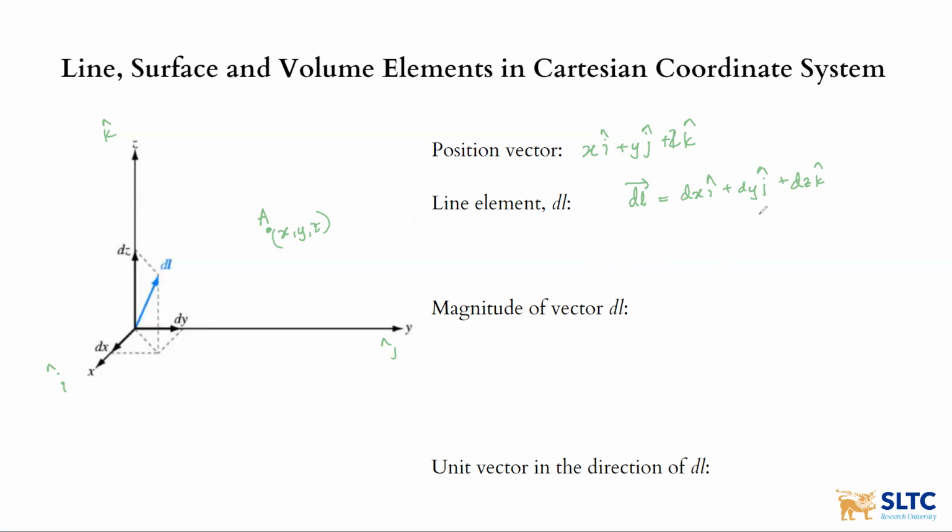The magnitude can be taken by taking the square root of dx squared plus dy squared plus dz squared. And then the unit vector of dL in the direction of dL can be found by taking the ratio between what?